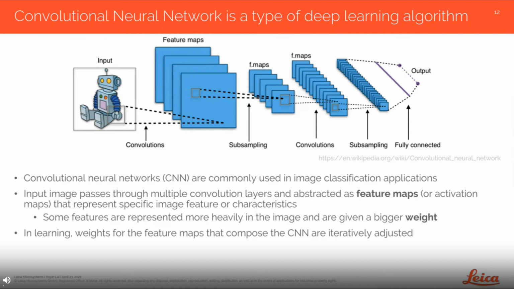And in the learning process, the weights given to each feature block are iteratively changed until the input matches with the output. Up here, we have an example of a picture of a robot. When it goes through a convolutional neural network, it is sampled into multiple different blocks, and each of these blocks could be a feature map that is abstracted from the image. For example, one of the features generated could be the segmented appearance of the robot's arms, and another one could be the flat surfaces that represent the robot's face and feet.